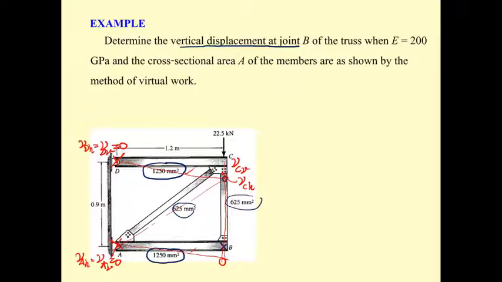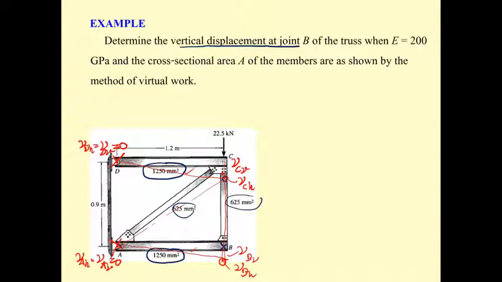Okay, this is V sub B vertical, and a small distance here, V sub B horizontal. Each joint of the truss is going to have two displacements, one horizontal and another one vertical.